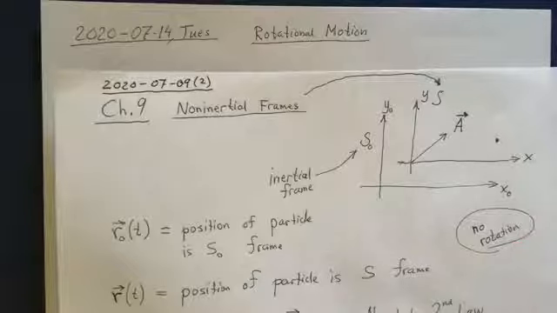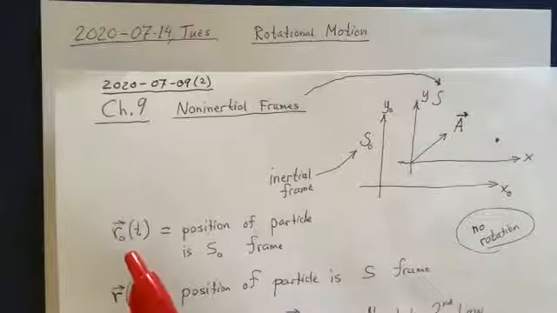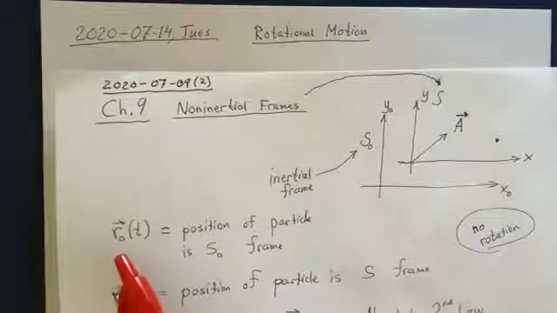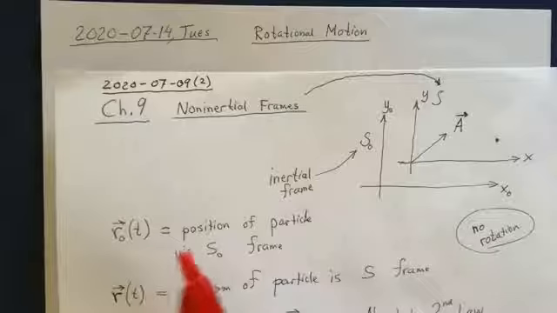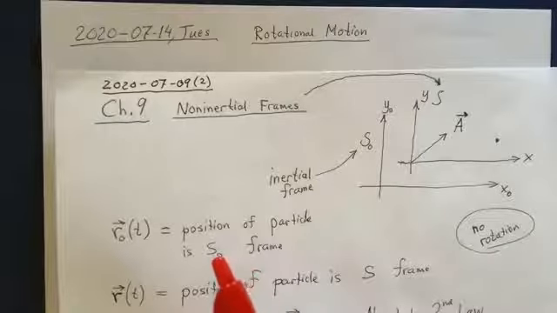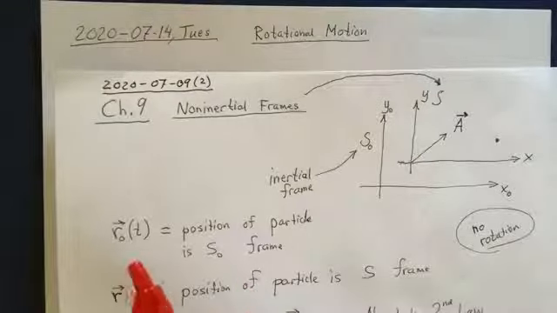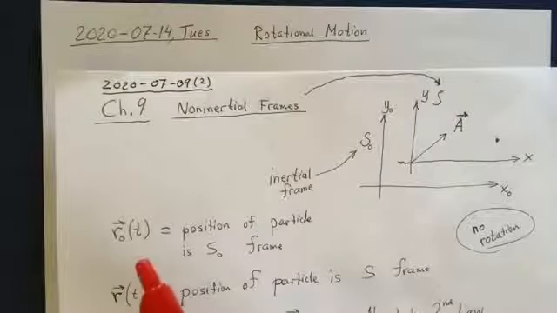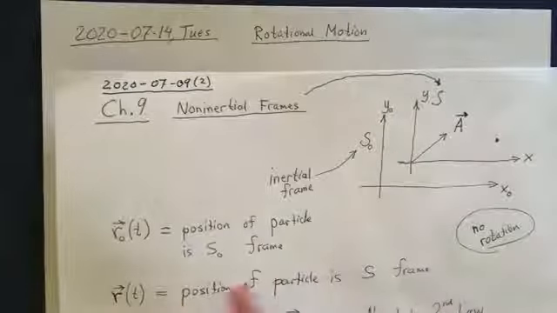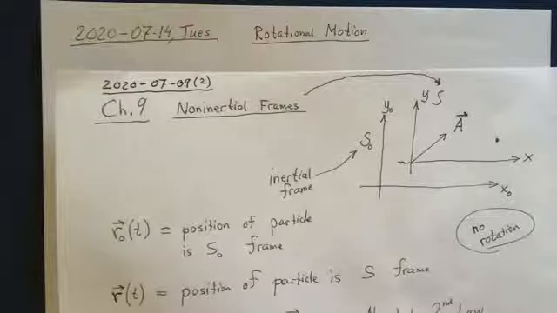Okay, now what we're going to do in today's lecture and for the rest of the chapter is consider rotational motion. We'll keep the same notation here. Remember the R0 as a function of time. That would be the position of the particle in the S0 frame. So you would have X0 as a function of time and Y0 as a function of time, etc. Okay, and R as a function of time down here, position in the S frame.